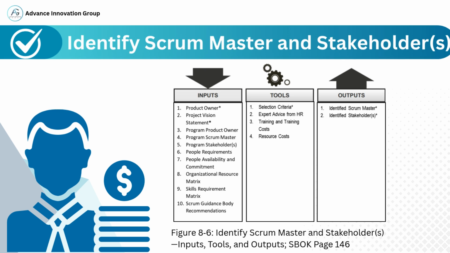Tools. To choose the right Scrum Master and stakeholders, we use selection criteria to evaluate candidates, HR advice, training costs, and resource costs to ensure the choices are practical and sustainable. Outputs. As a result of this process, we identify a suitable Scrum Master who will lead the Scrum team, and the relevant stakeholders who will contribute to and influence the project.